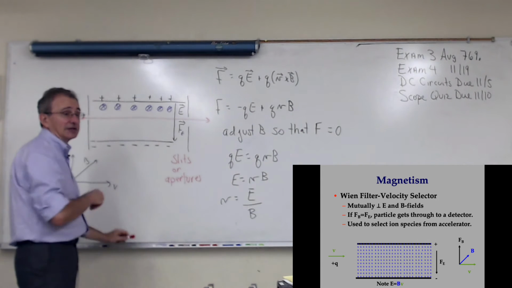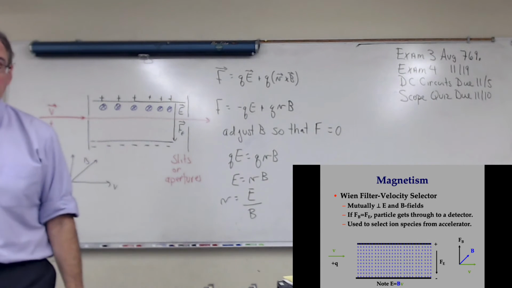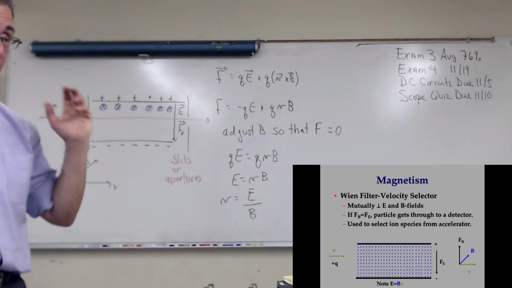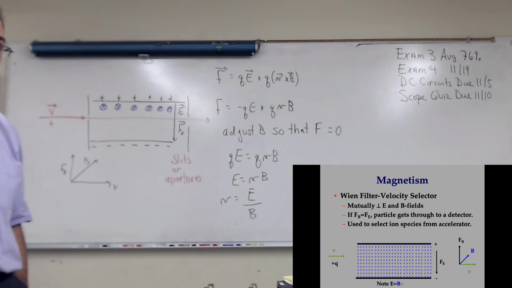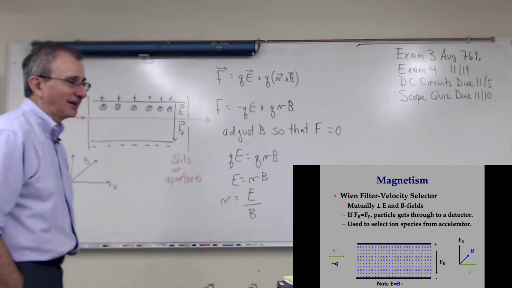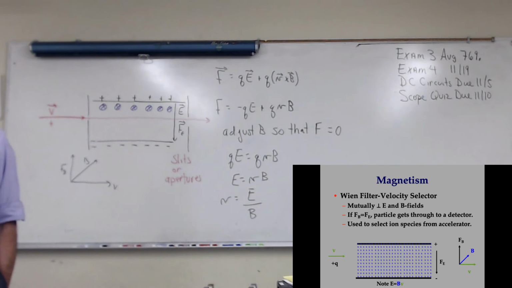And so this is a velocity selector. It only allows particles of a certain velocity to come through. So you can actually design something that only picks particles of a certain velocity. And these are used in mass spectrometers. They're used in really any device that's used to sense ions.